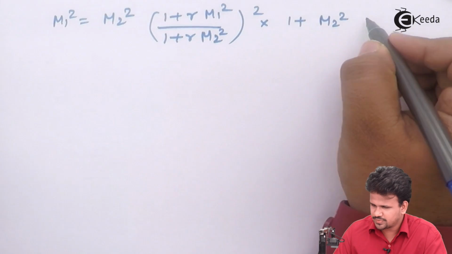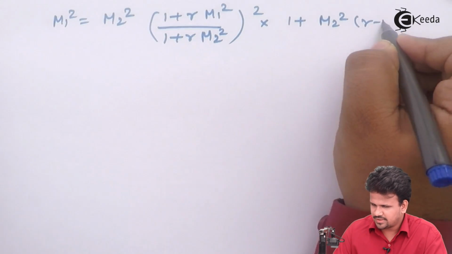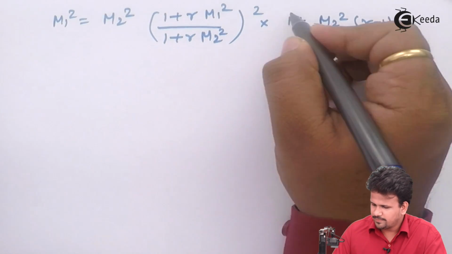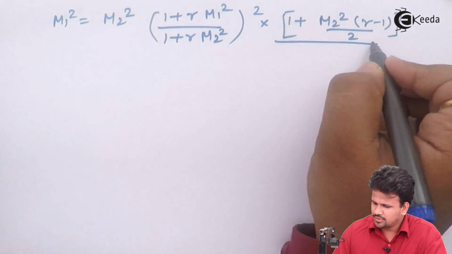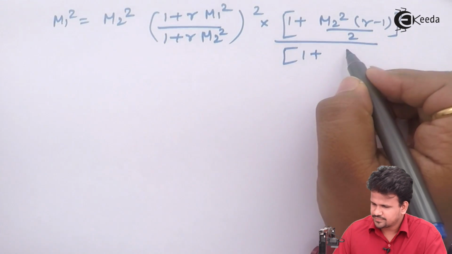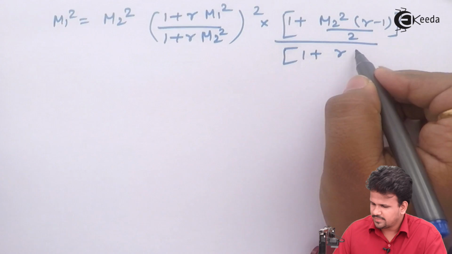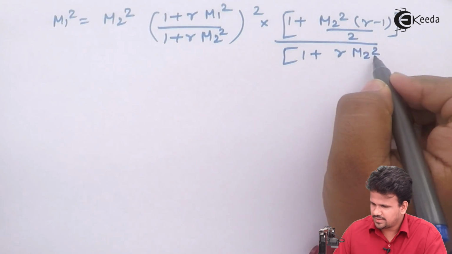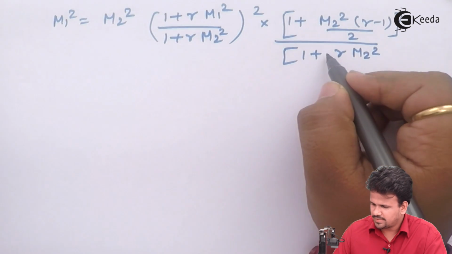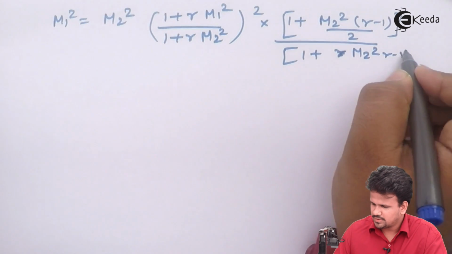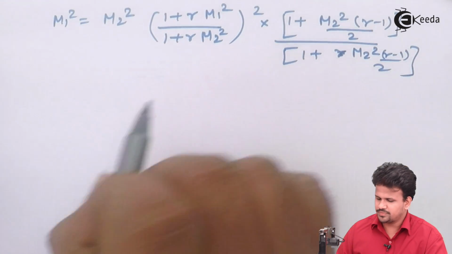1 plus M2 square into gamma minus 1 upon 2, the whole upon 1 plus M1 square into gamma minus 1 upon 2. Gamma won't be there.